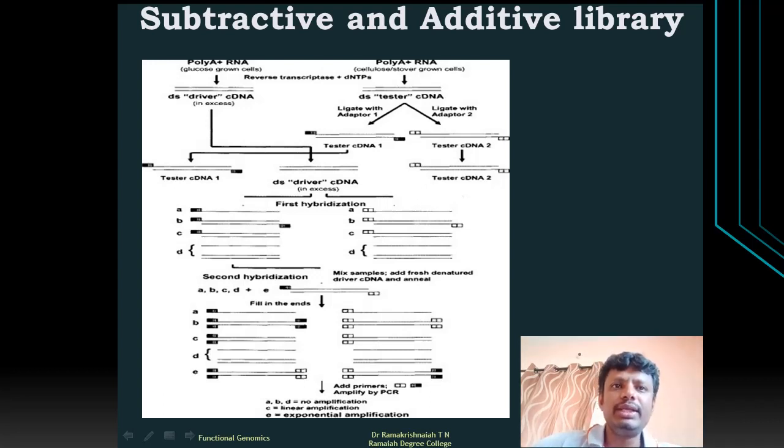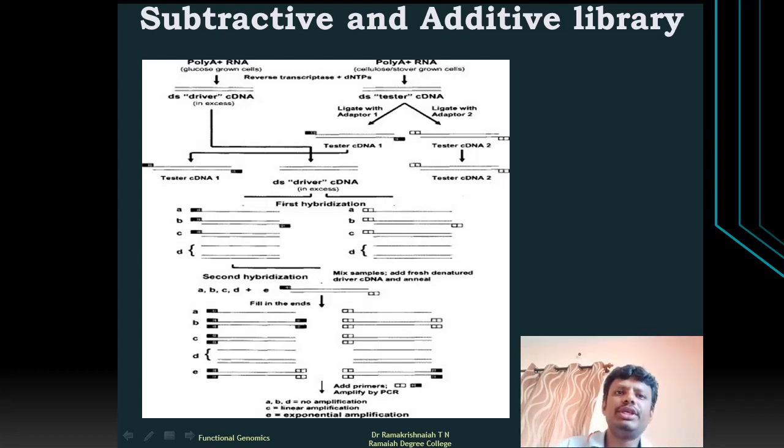I will repeat it. The driver-tester hybrids, the double stranded driver and any single stranded driver molecules are removed, leaving only the tester molecules, which will be enriched, accumulated more in number, and will not be found in the driver.